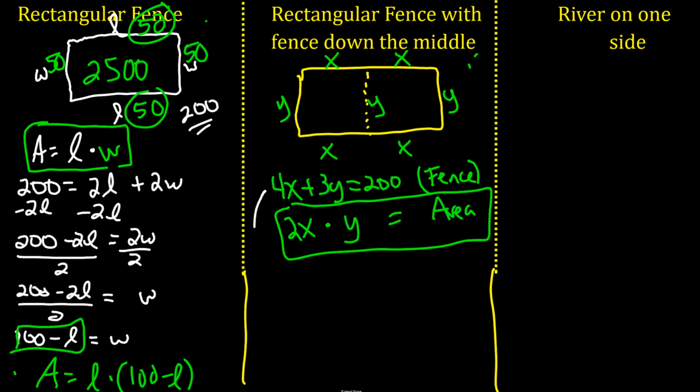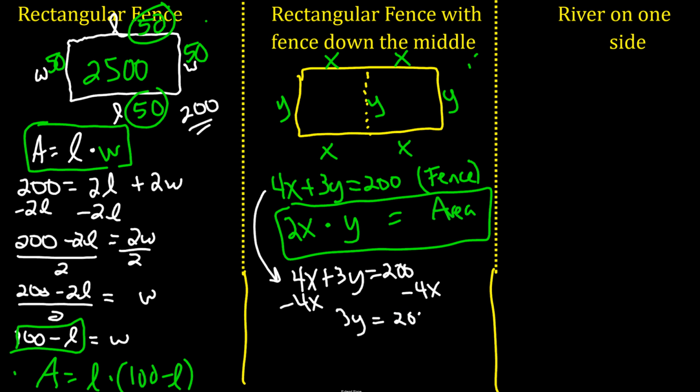Let's take this first equation we came up with, and let's solve it for y this time. So we've got 4x plus 3y equals 200. So I want to get y by itself. I'm going to subtract 4x. We get 3y equals 200 minus 4x.